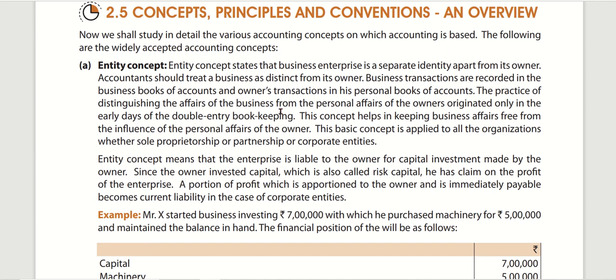You should not mix the personal transaction of the owner with the business transactions. Now, let me give you an example. Suppose you happen to be the proprietor of an organization, and you are doing trading, for example, in vegetables, and you have a very good business.